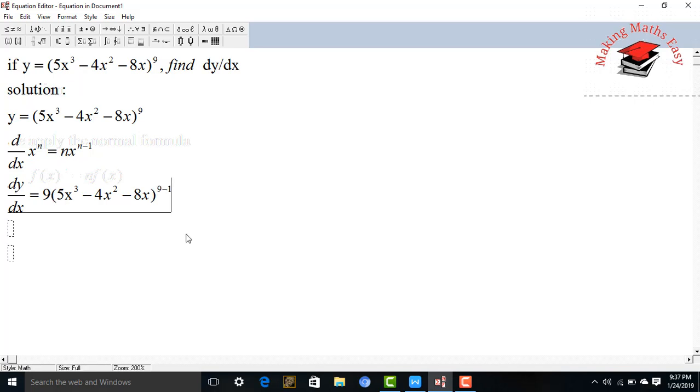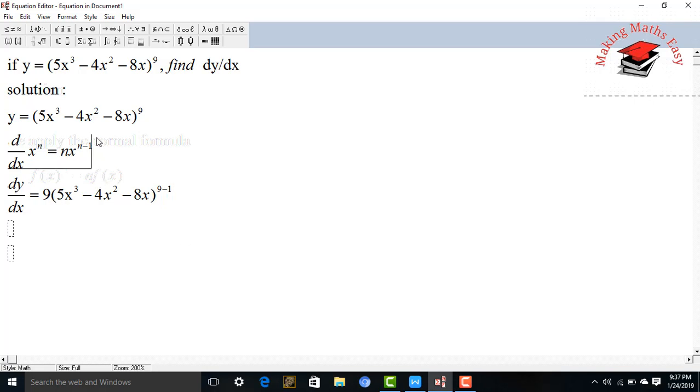Now let's move further. One thing we have to keep in mind, I told you in the previous video that whenever we solve derivatives we have to go into the loop in order to find the derivative of that particular function.